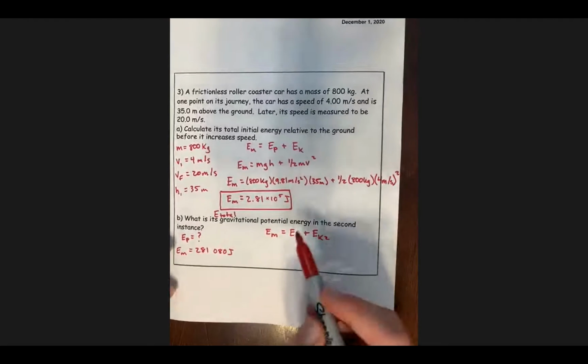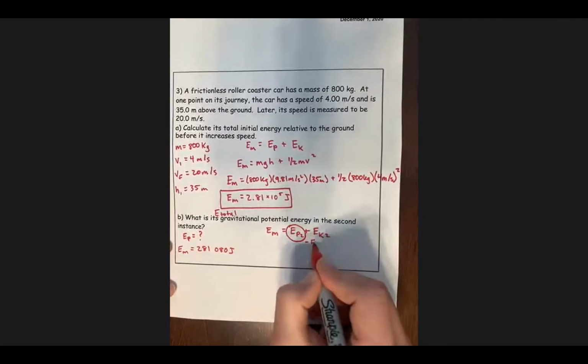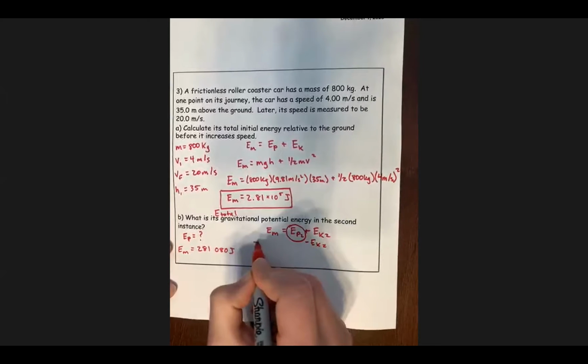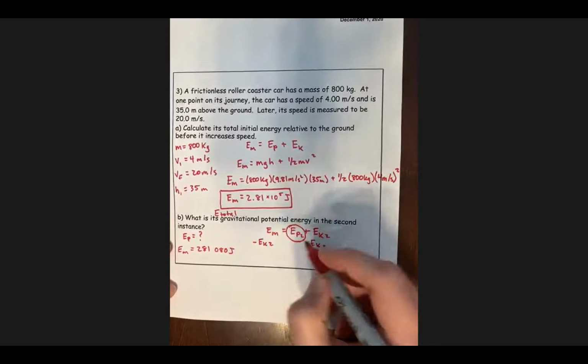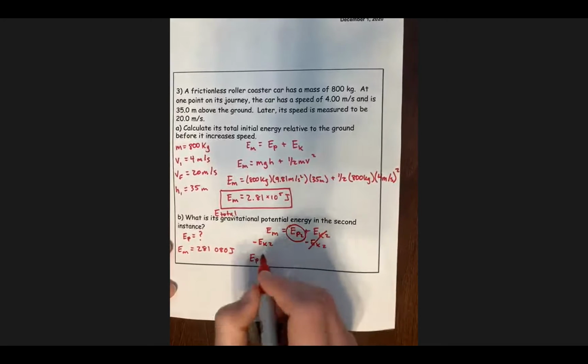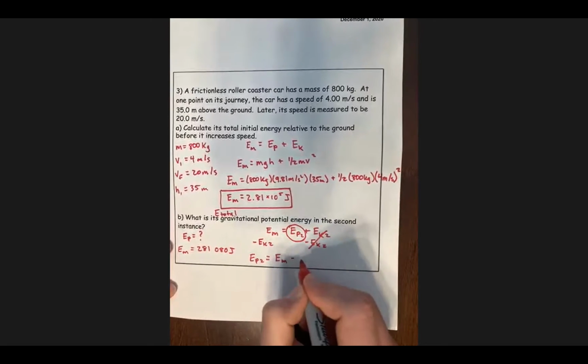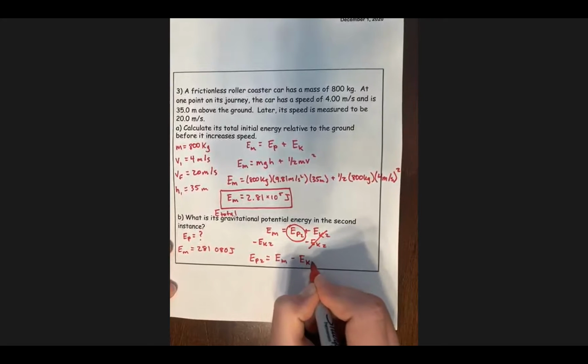Okay, so we are isolating for this. So let's subtract kinetic energy from both sides. We'll be left with potential energy at point 2 is equal to the mechanical energy minus the kinetic energy at point 2.